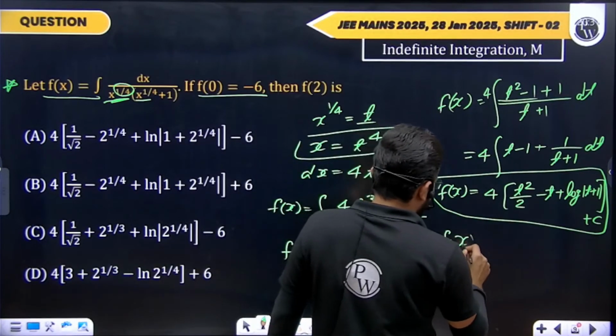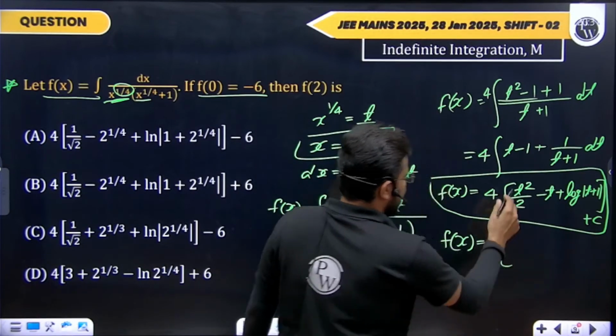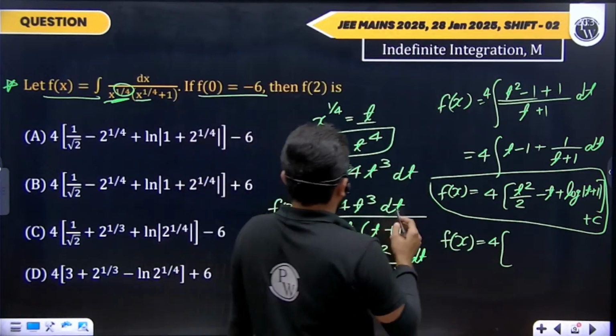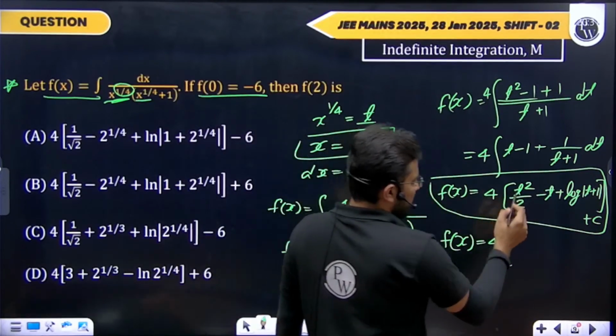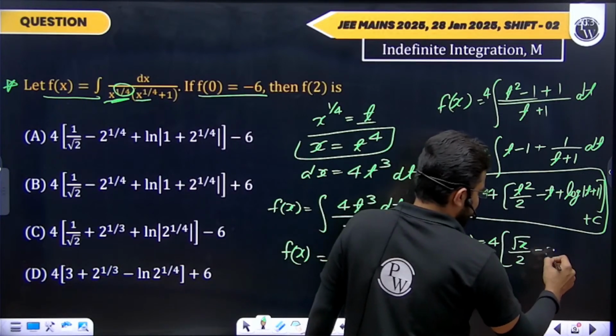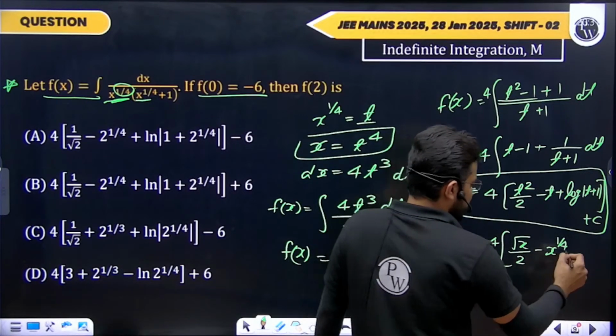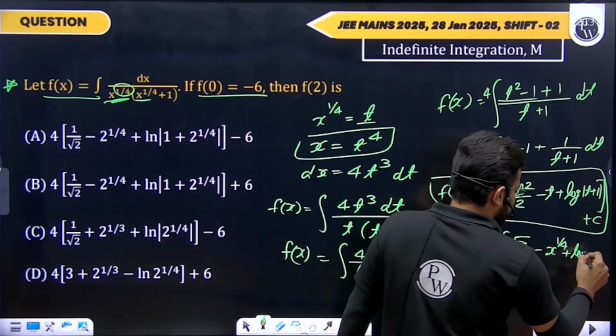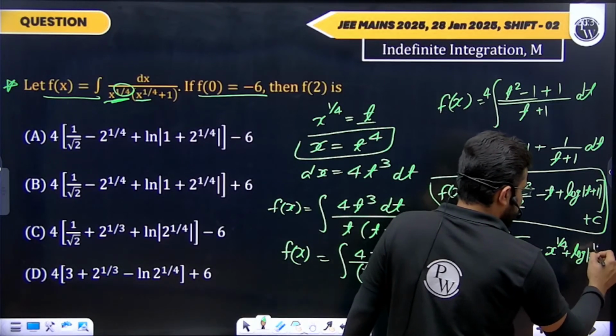Then f of x equals 4 times, t square will be root x by 2, minus x raised to 1 by 4, plus log of x raised to 1 by 4 plus 1.